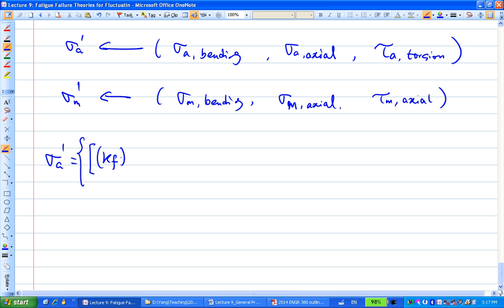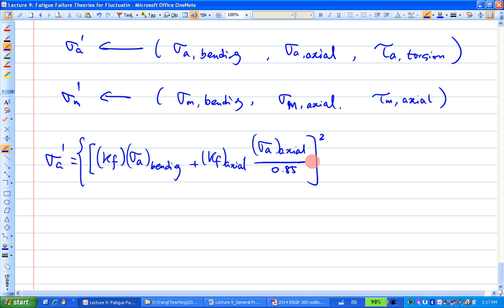So first, Kf, sigma A due to bending, plus Kf axial by sigma A axial over 0.85 squared, and plus 3, Kfs torsion, tau A torsion squared, over 1/2.